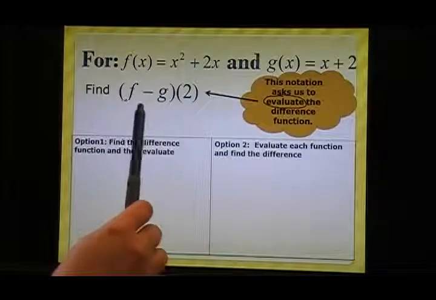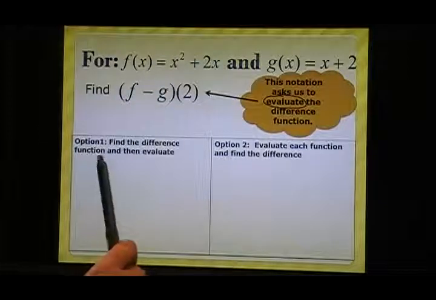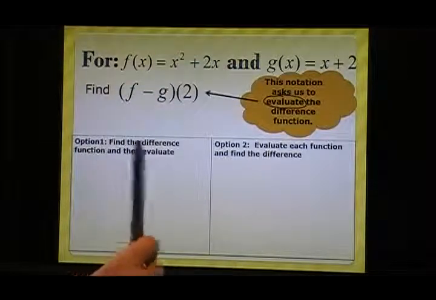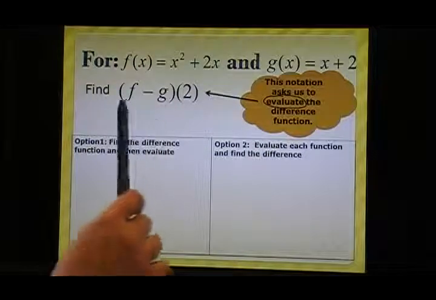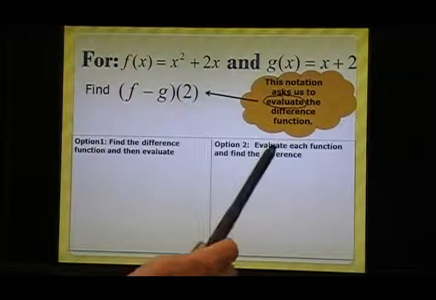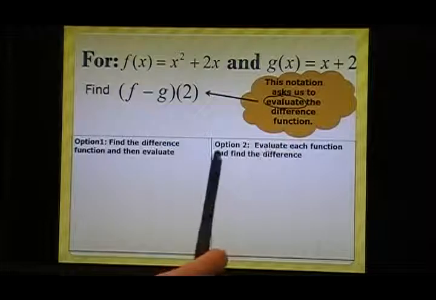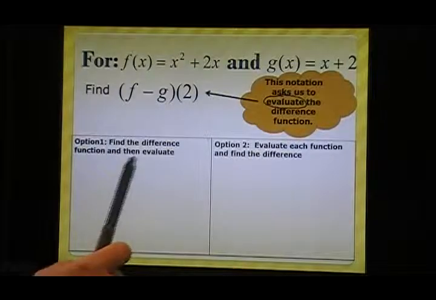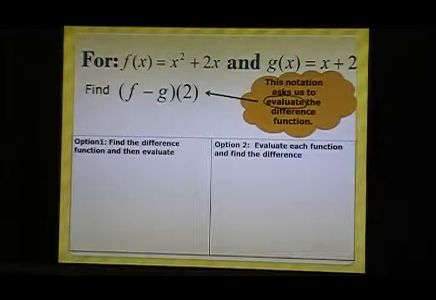I have a couple options that I can use. I can find what the difference function is and then evaluate it to find this value. I can also evaluate each function and find the difference. So let's talk about option 1. First we find the difference function, which is f minus g of x.